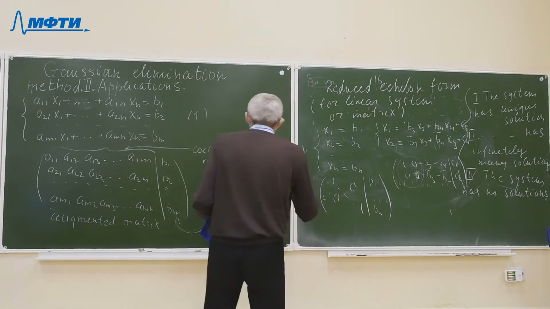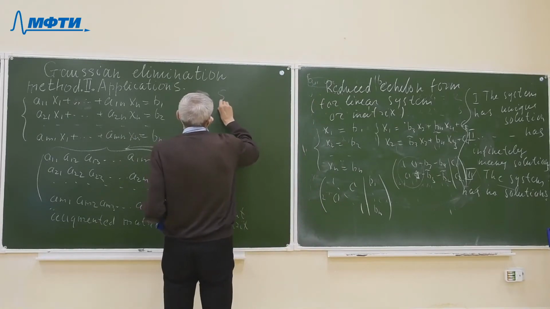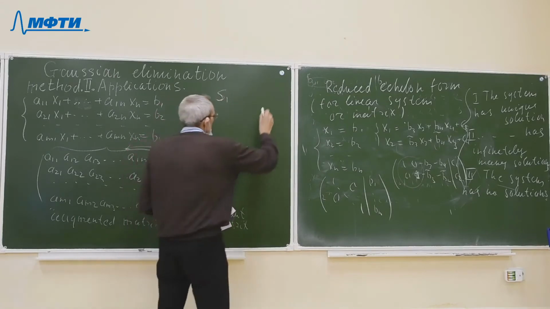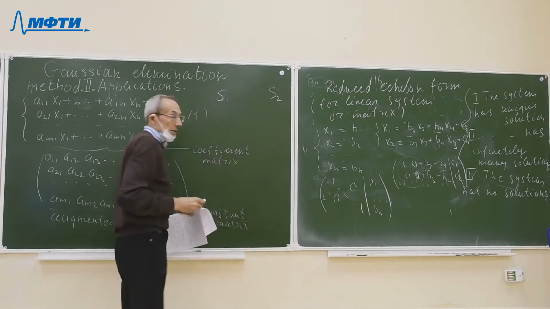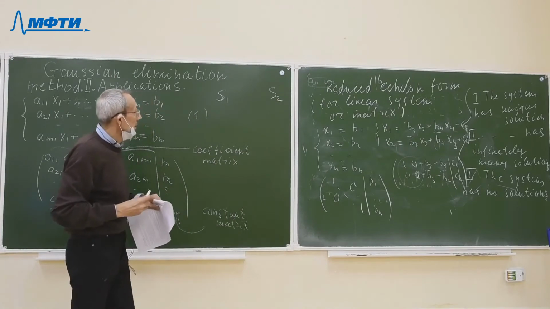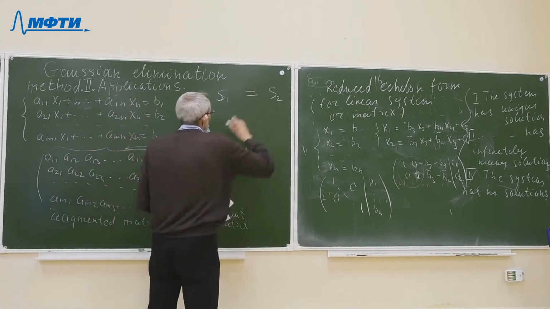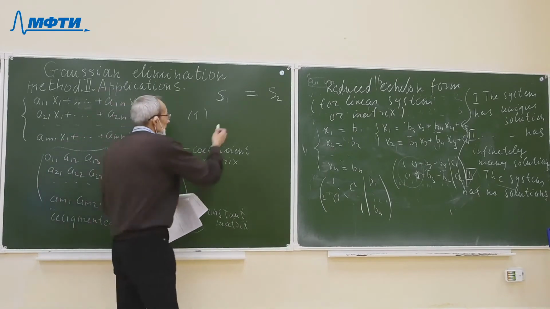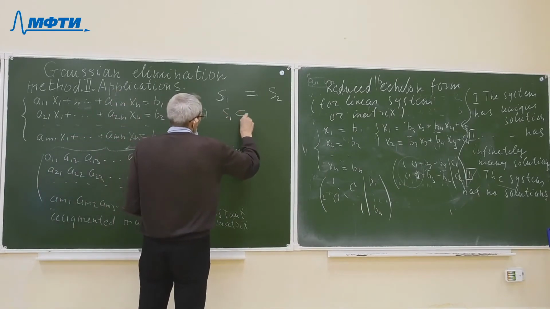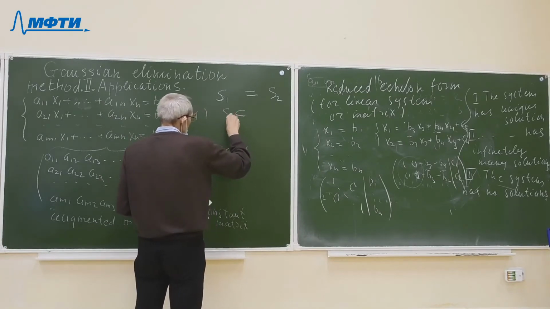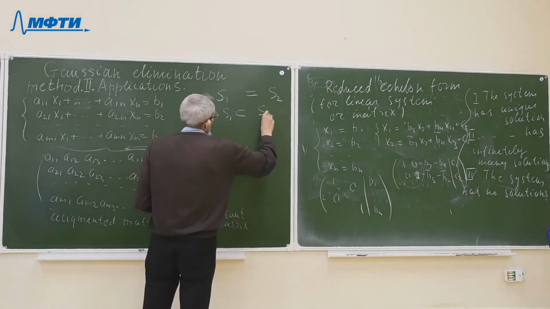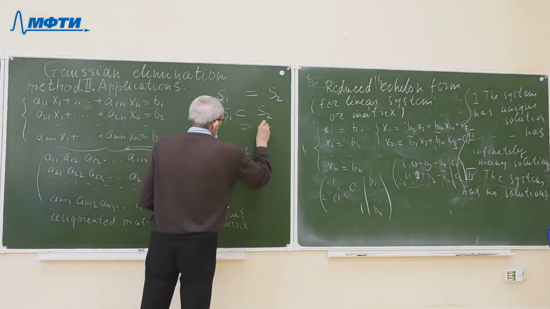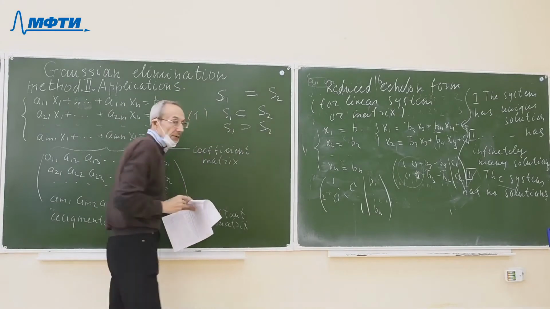If we have S1, the set of solutions of the first linear system, and S2, the set of solutions of the second linear system, what does it mean that these sets are equal? It means that we have the inclusions S1 is a subset of S2 and S2 is a subset of S1.